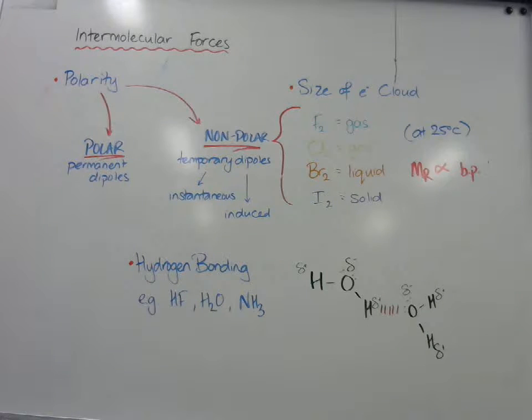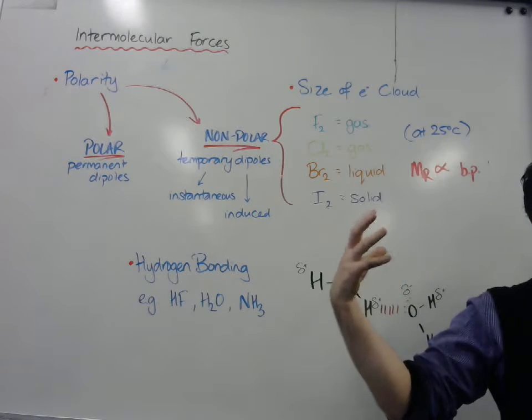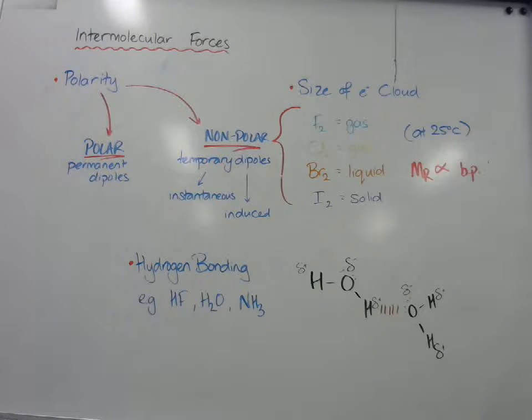Molar mass is proportional, not directly, but loosely proportional to boiling point. As one gets bigger, so does the other. There is a reason for this, and it's to do with molar mass linking to the number of protons, linking to the number of electrons, the number of electrons having a direct relationship to the size of the electron cloud. I'm not going to use the ones from your activity because they've got hydrogen in them.